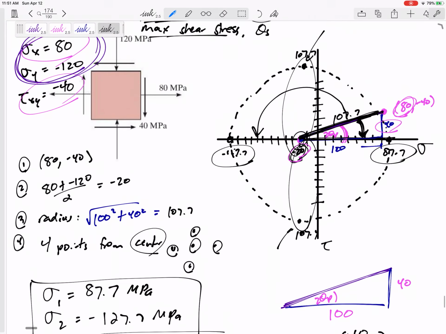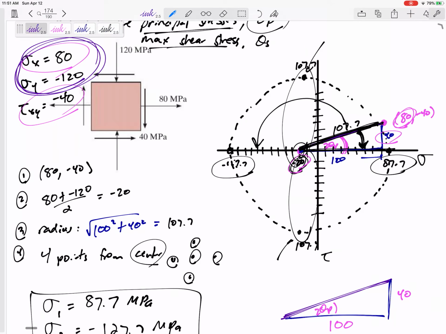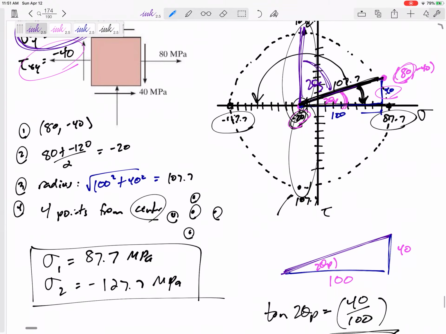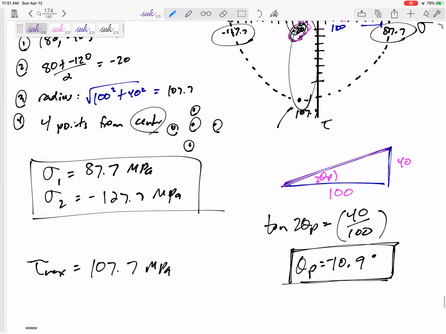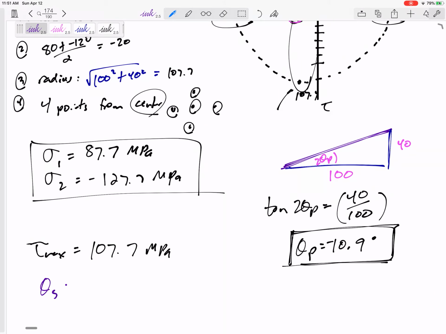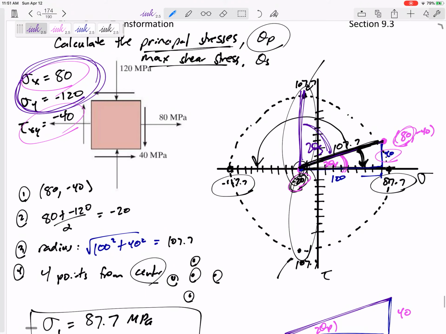Theta S, I could find that angle right there, 2 theta S. But I also know that theta S is 45 degrees away from theta P. And also, 2 theta S plus 2 theta P would add up to 90 degrees. This all is making sense, right?